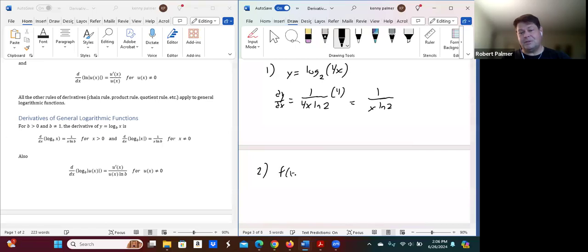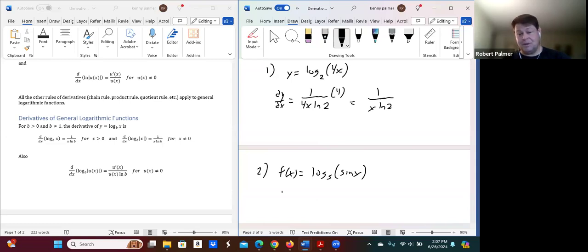So let's say we have f of x equals log base 5 of, I think it's a little more interesting, the sine of x. Now this is also a good example of understanding logs. There are places where sine is 0, places where sine is negative, so you can't just take the log of sine of any number, just where it's positive.